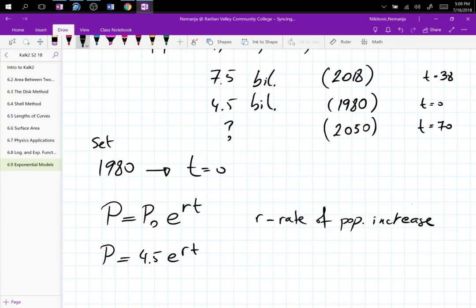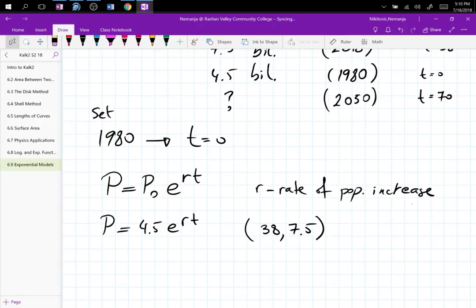We have e to the rt. And now we can use the point 38, 7.5, which is today's state, to calculate r. So population is 7.5, which is equal to 4.5 e to the 38r. And this calculation will give us the r value.